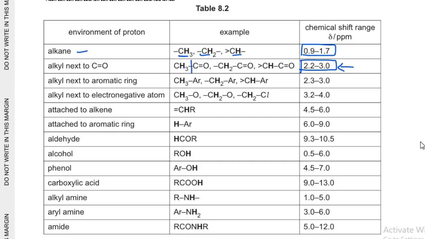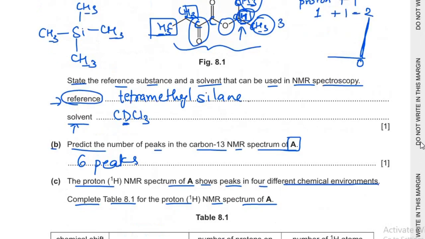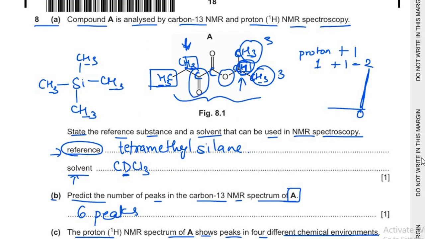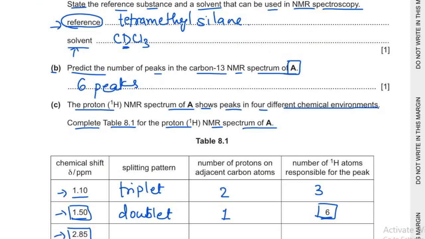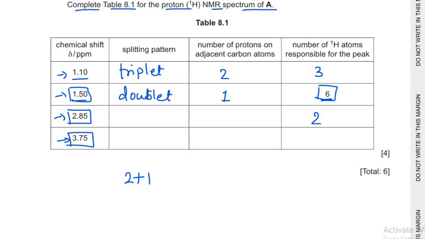Now 2.85 is in this range. Adjacent to it is CO, right? So the proton which has CO adjacent to it is this CH2. So the number of protons responsible for that is 2. Now adjacent to it, it has C double bond O, but on the other side it has CH3.